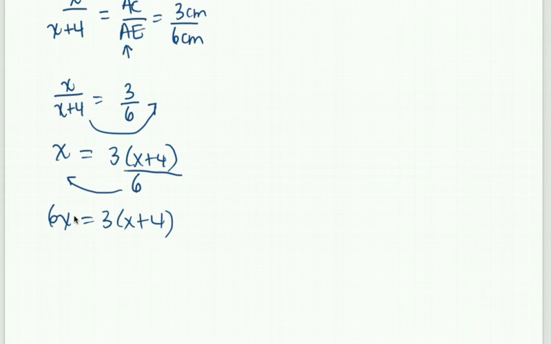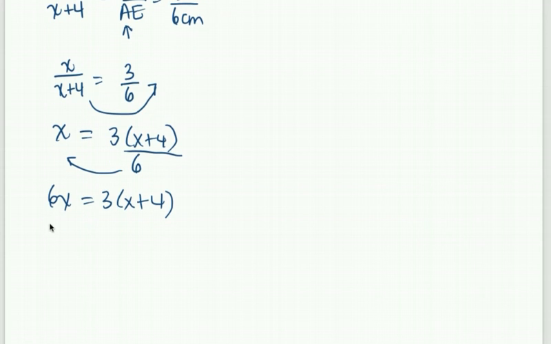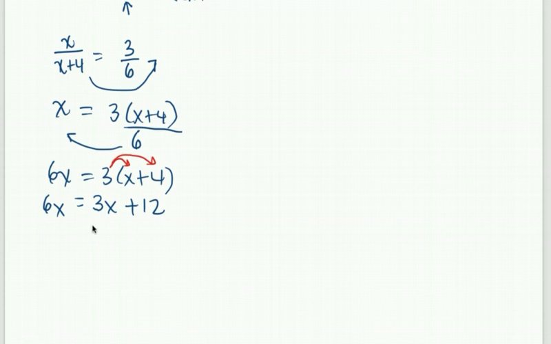And now there's no fractions, and so you should be able to expand things out, collect like terms, and solve for x, okay? So let's just do that. This 3 here will multiply into both of these here. Okay, and then now we'll move the x's back together.